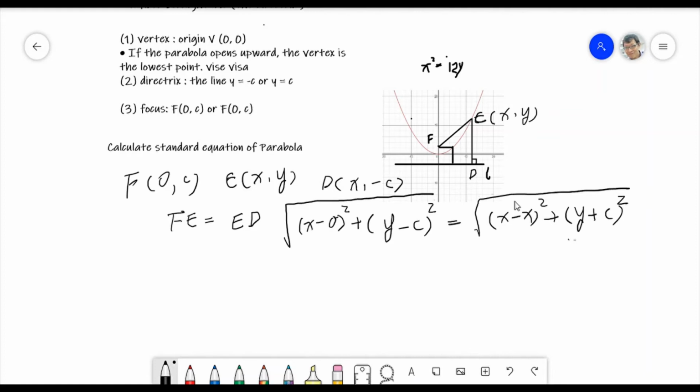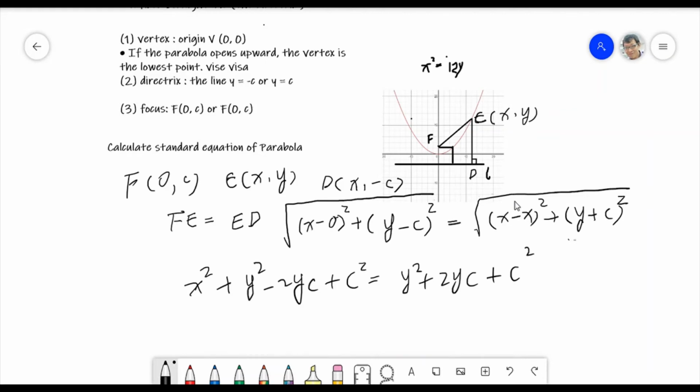So we can just directly write down on the left side of the equation x minus 0 square is x square, and plus y minus c square is y square minus 2yc plus c square, right? On the right side of the equation, x minus x 0, perfect. Then y plus c square is y square plus 2yc plus c square.